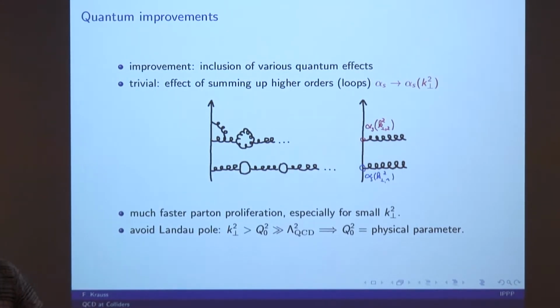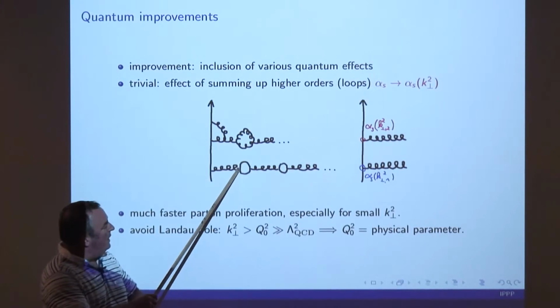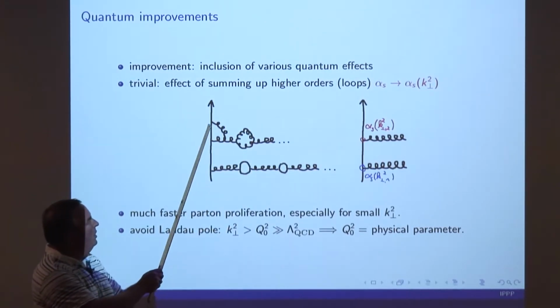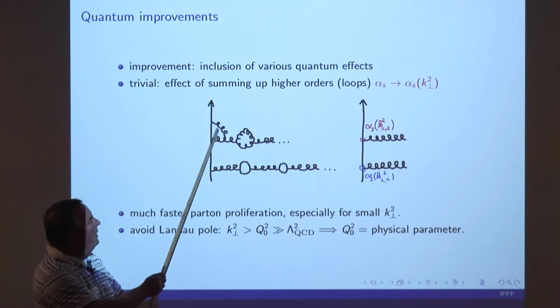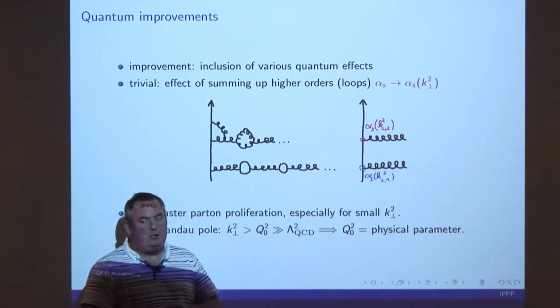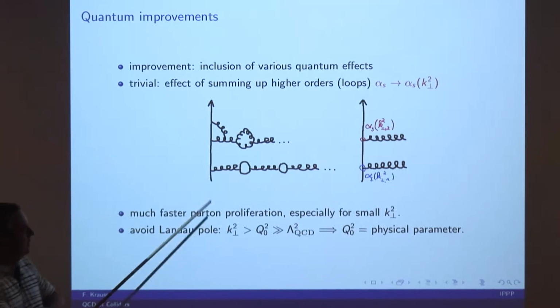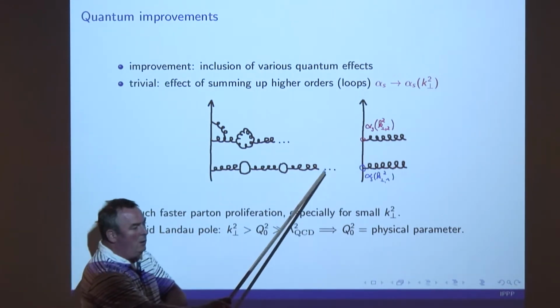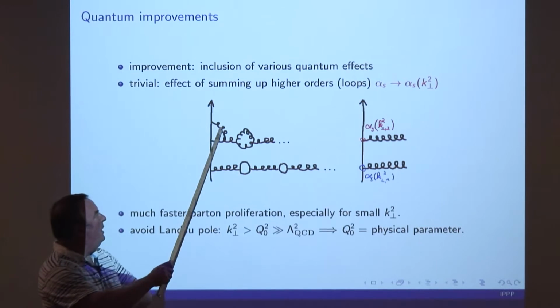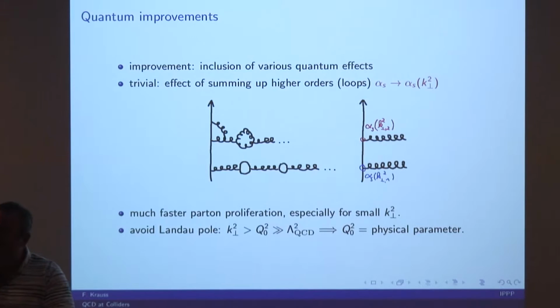What is true, however, is the following. When you think of higher orders, you start seeing terms like vacuum polarizations or vertex corrections. And by using specific choices, you can show that the choice of k perp resums these vacuum bubbles and the rainbow diagrams in the vertex corrections. So this is quite complicated to see, so I just claim it and you have to look it up in the literature.